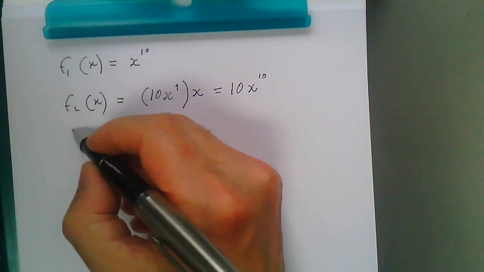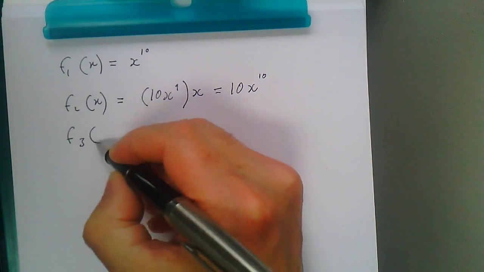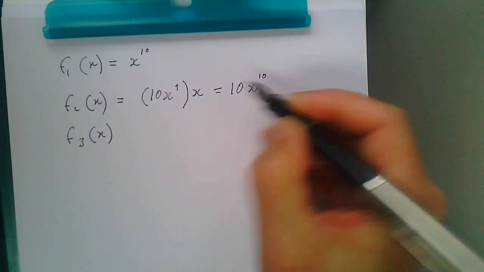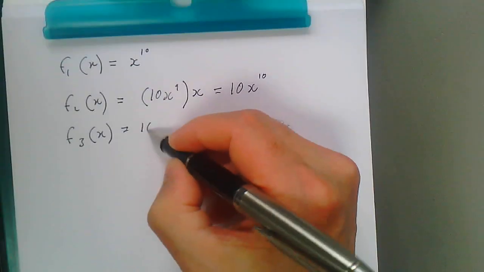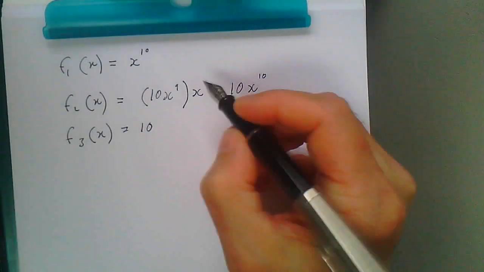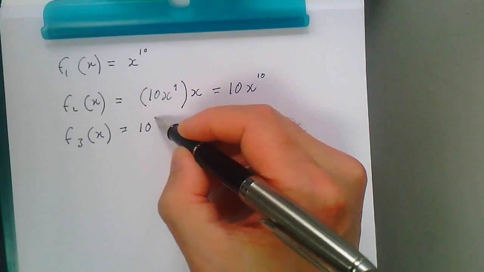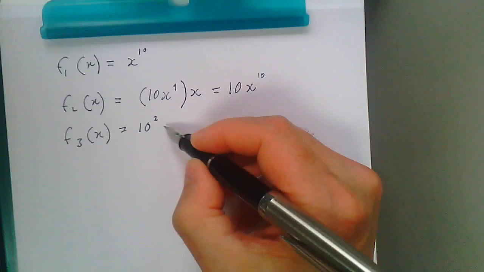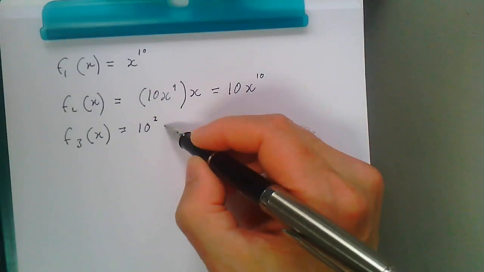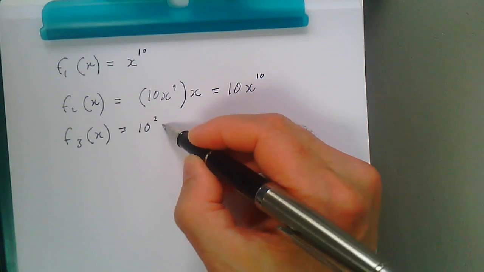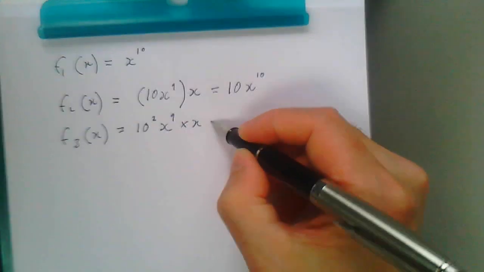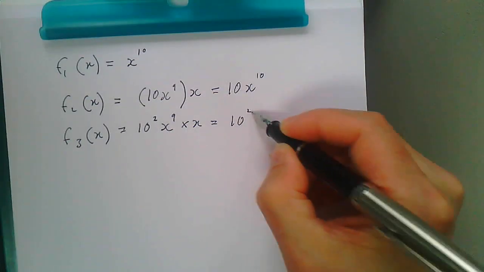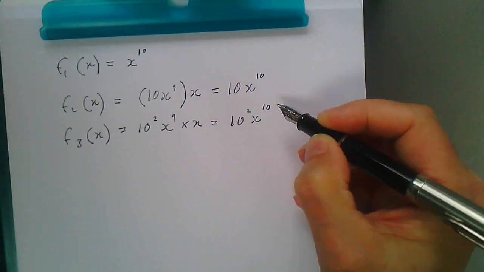Then we can go on to try and find a pattern. If we're differentiating this, we get 10 times 10, which I'm going to write as 10 squared, and then we've got x to the power 9 again, times x. So we get 10 squared x to the 10.